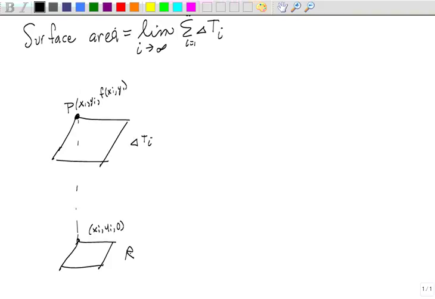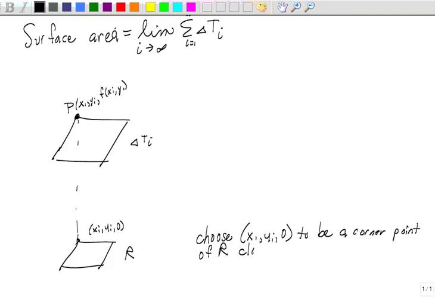R is in the xy plane. So we're going to choose the point xi, yi to be a corner point of R closest to the origin.